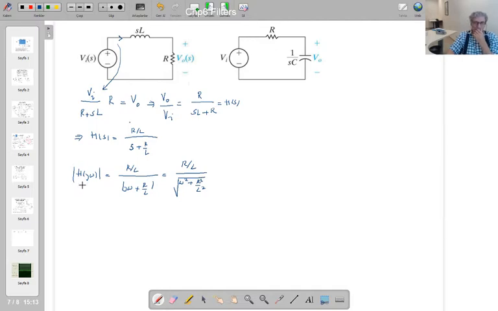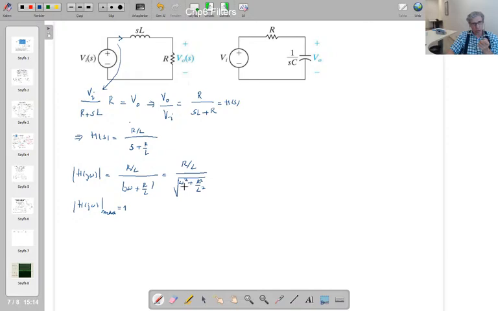Now I can say what the highest value of this is. The maximum value of the module of H(j omega) is equal to 1. How we found that is easy. You see here omega is not included in the numerator but in the denominator.